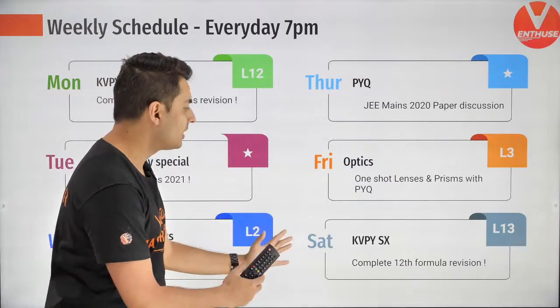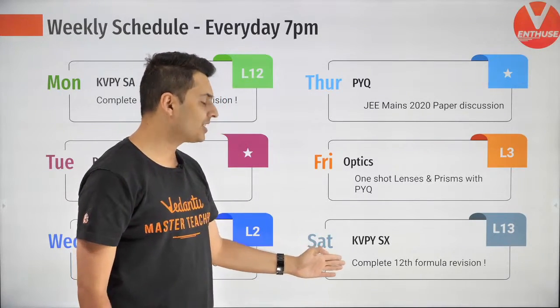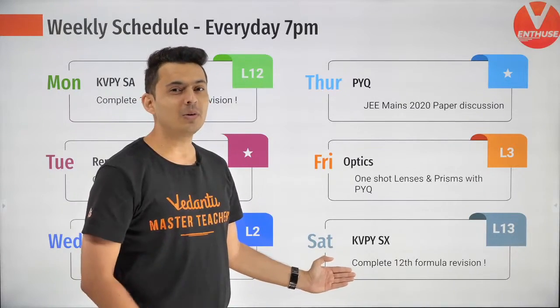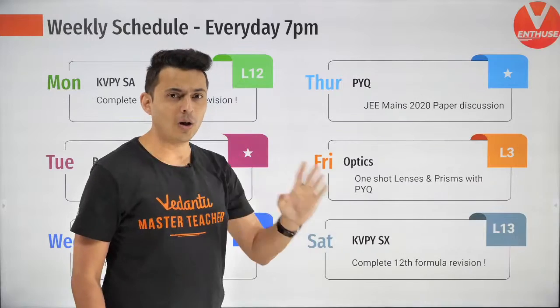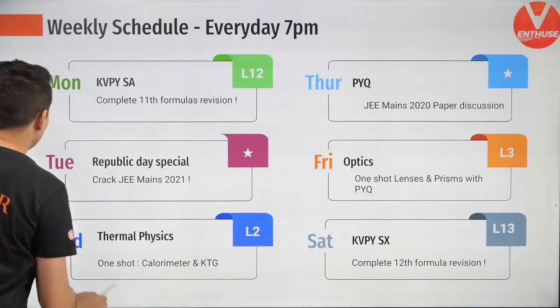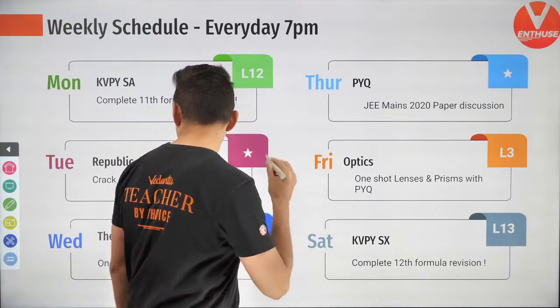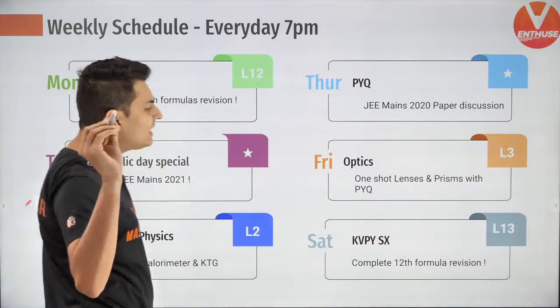Now tomorrow is a very important session. Yes, it's a very important session. Just like we revise the complete 11th syllabus, tomorrow we are going to revise the complete 12th syllabus in just one lecture. All the formulas will be given to you. But keep in mind one important thing. This lecture is not at 7 o'clock, because a lot of you were asking, sir, can you conduct this lecture? So I thought of conducting it a little bit early.